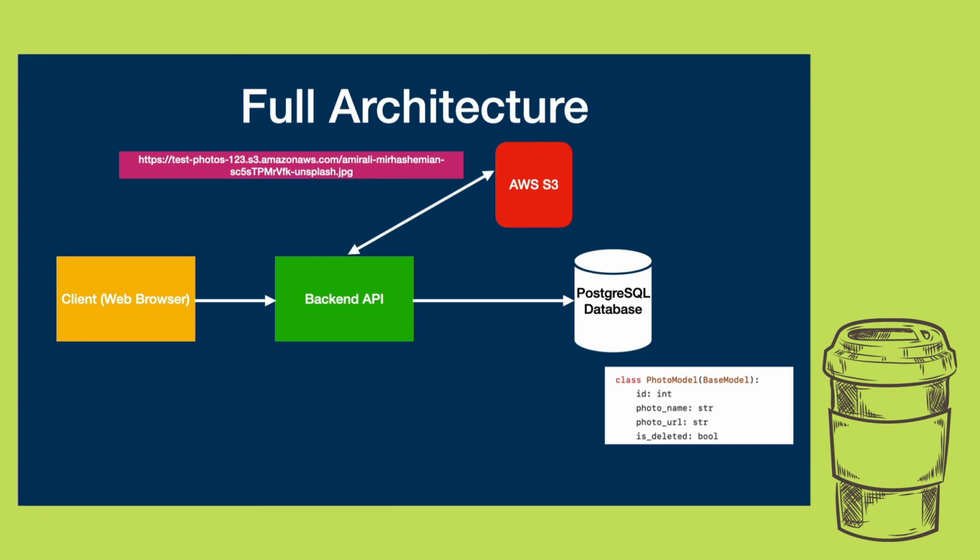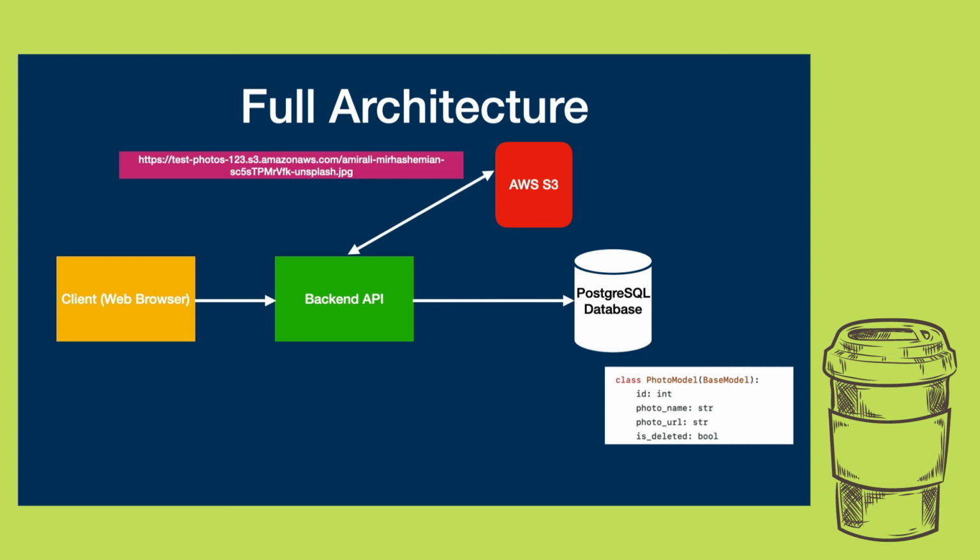To sum it up, we're going to look at the full architecture of how the whole thing works. If you look at this picture from the left to the right, to our left, we have the client, the web browser, so Google Chrome, Internet Explorer, or whatever you want. Whenever the user wants to upload an image, they are going to hit a backend API.